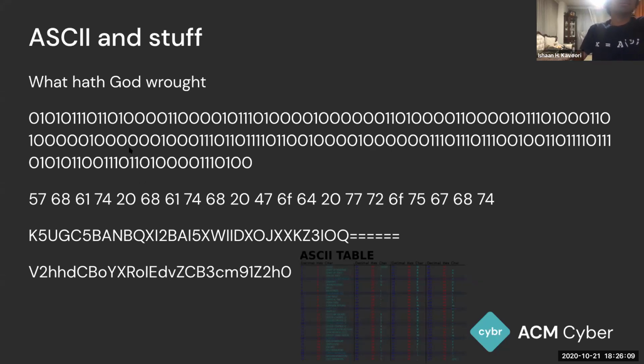And you can express that in binary or hexadecimal or base 32 or base 64, whatever. Those are very common for computers because computers operate in binary. So any base that is a power of 2 is natural for them to display. So yeah, what hath God wrought is that in binary, that in hexadecimal, and so on.